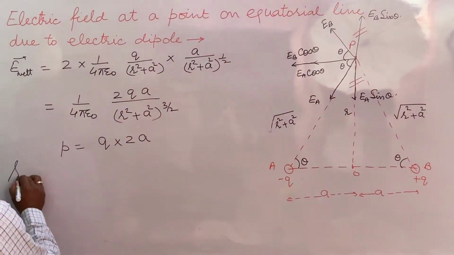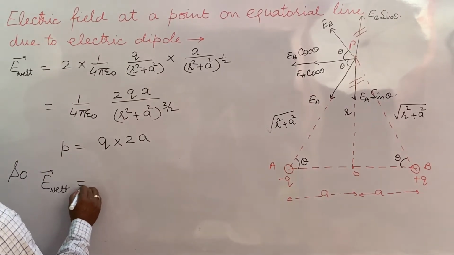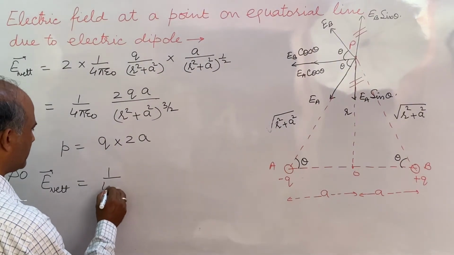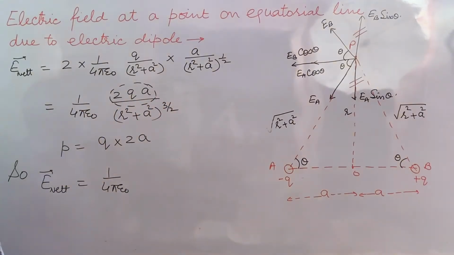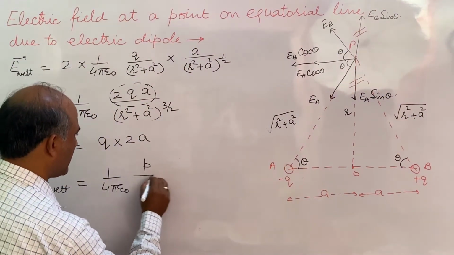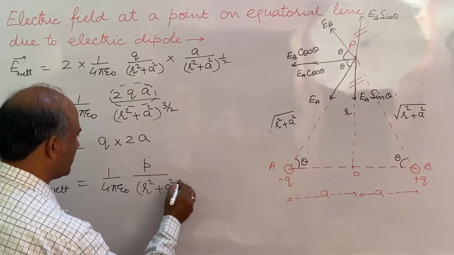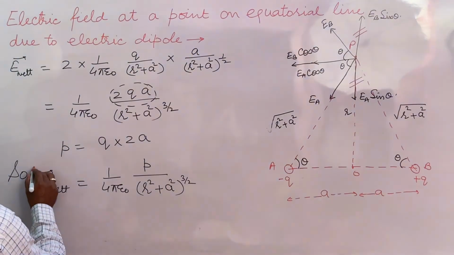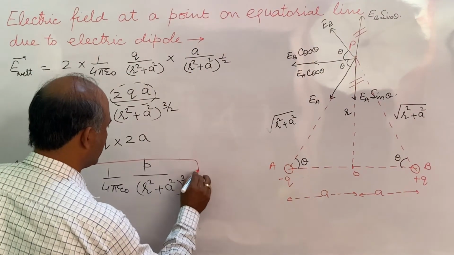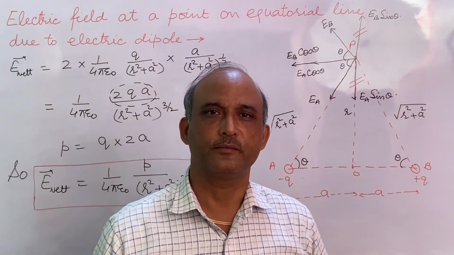So E net is equal to 1 upon 4 pi epsilon naught P upon r square plus a square to the power 3/2. It is the net electric field at point P on equatorial line due to electric dipole.